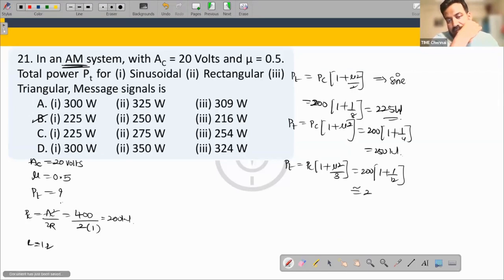Approximately 216. Option B is answer. Yeah, correct. Next question.